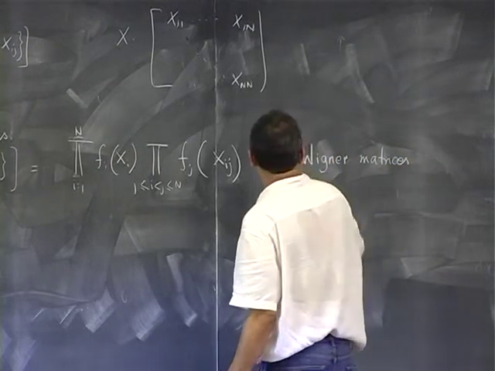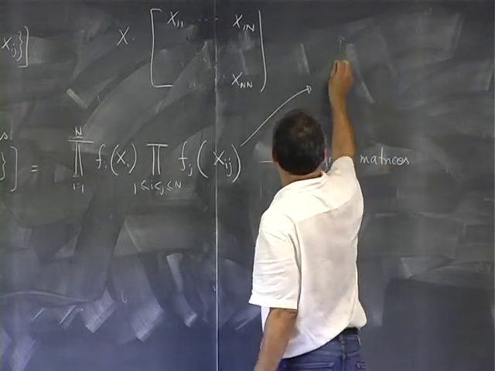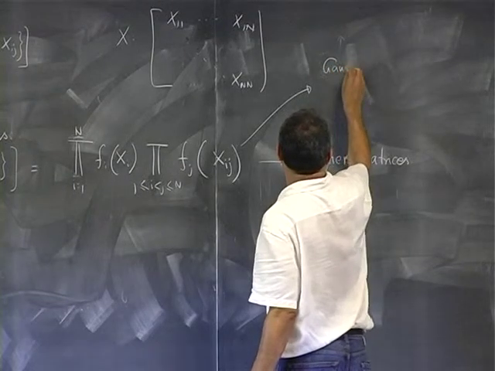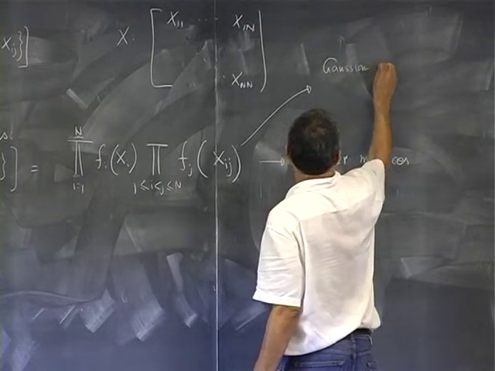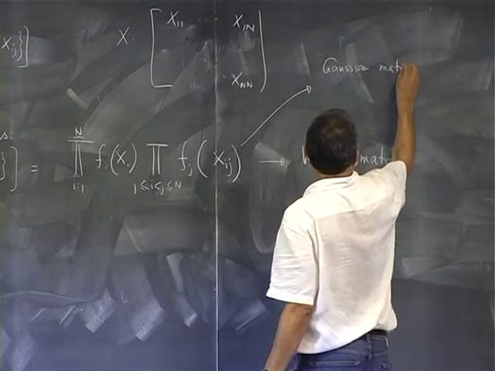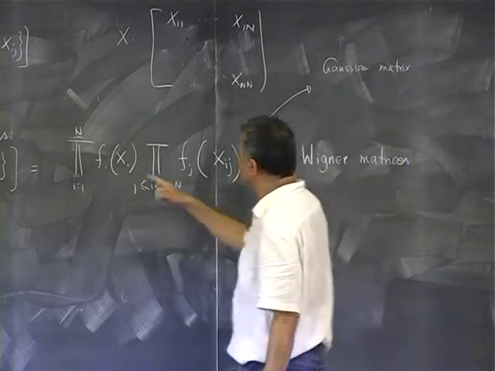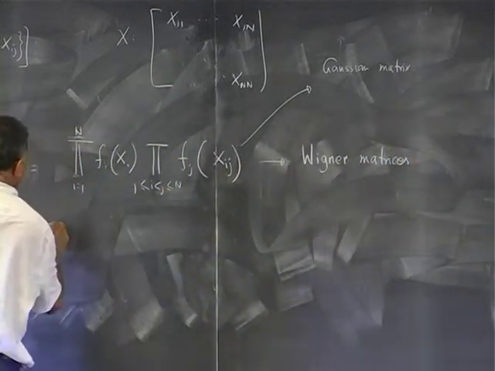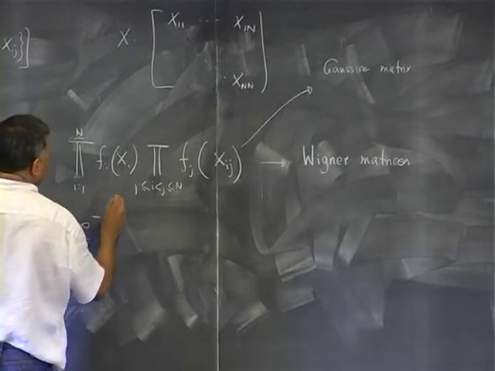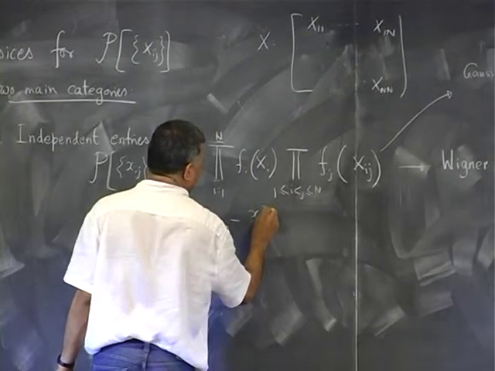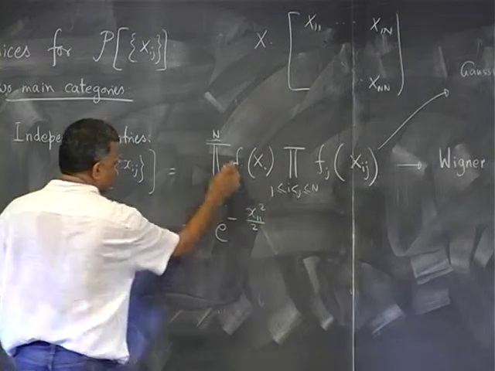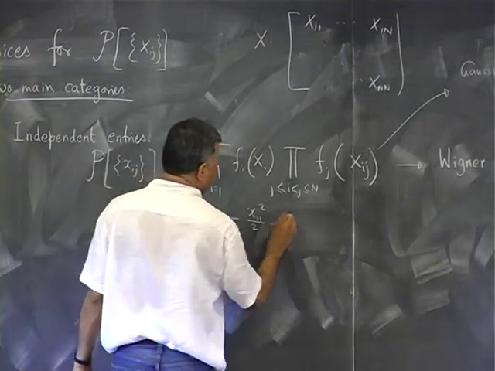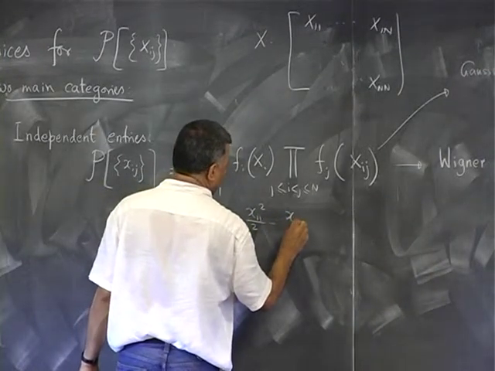So for example, the Gaussian matrix is a special case of this. In the case of the Gaussian matrix, I choose each diagonal guy from one independent element. So I could take the Gaussian function for each of the diagonal guys, the same Gaussian function.